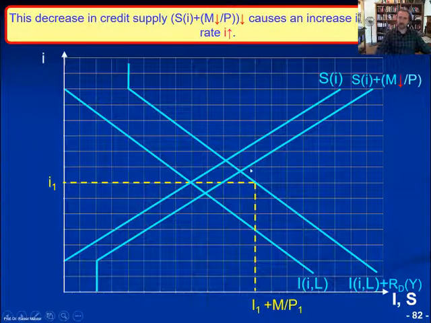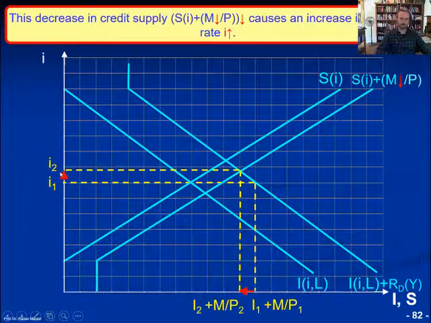And the interest rate now lies on a higher level. As we will see later, this will cause deflation of the price level.